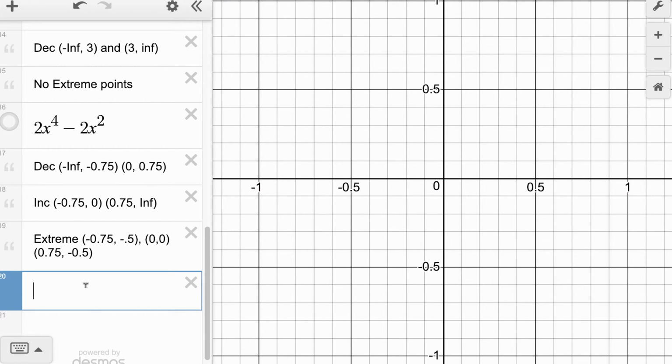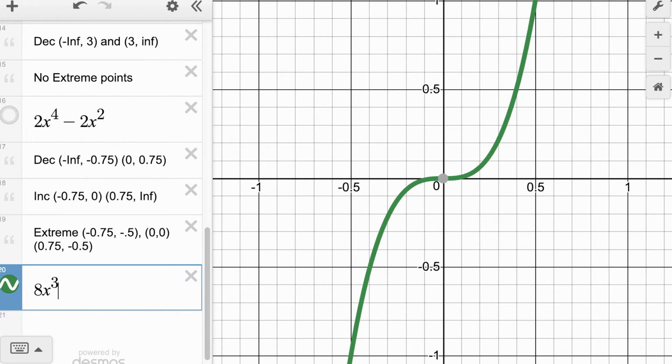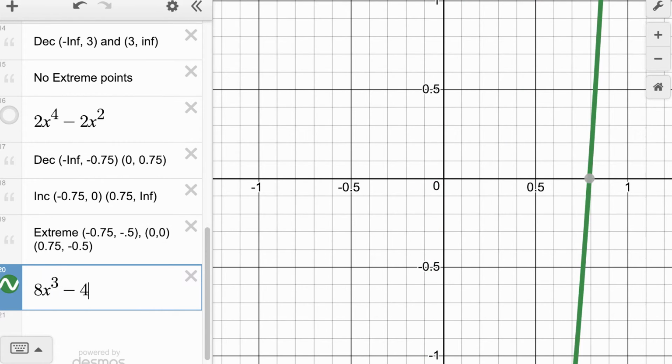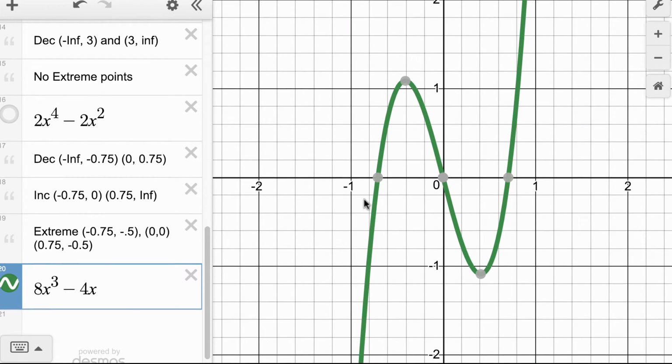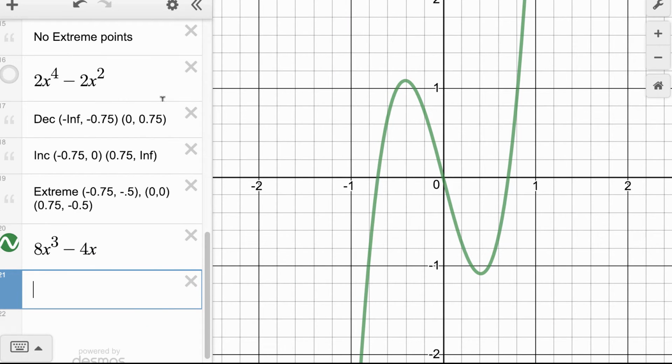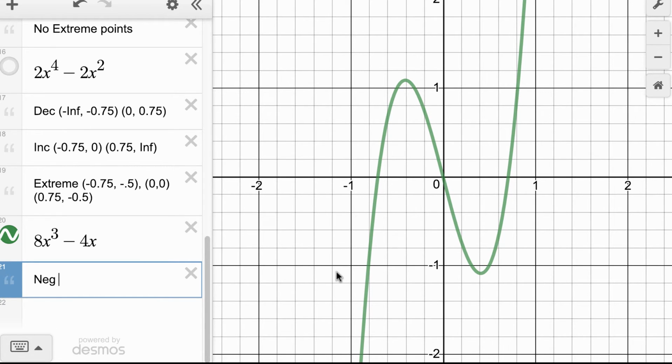Okay, the first derivative of this function is 8x to the third minus 4x. All right, so remember here we're looking at where the function is positive and negative. So we are negative here from negative infinity to about, it looks like, negative 0.75. Then we're positive until we get to 0.